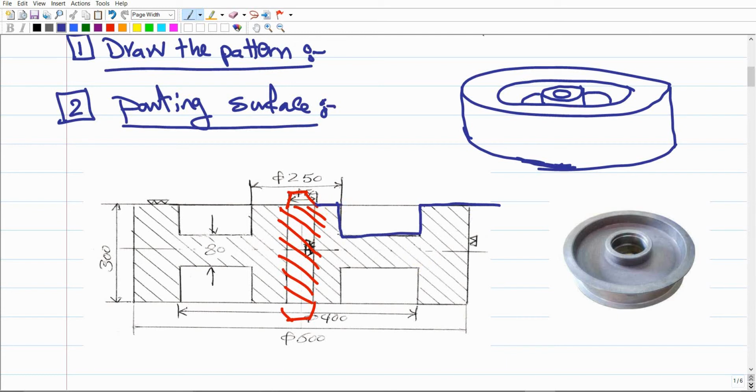As you can see, this surface in the pattern is kind of a broken surface, right? It is not a straight surface, but it's still flat. Flat surface means just that it is not a cylindrical surface. But these sides, this surface here, this surface, all of these surfaces are cylindrical surfaces. You cannot choose any cylindrical surface to be a parting surface, right?